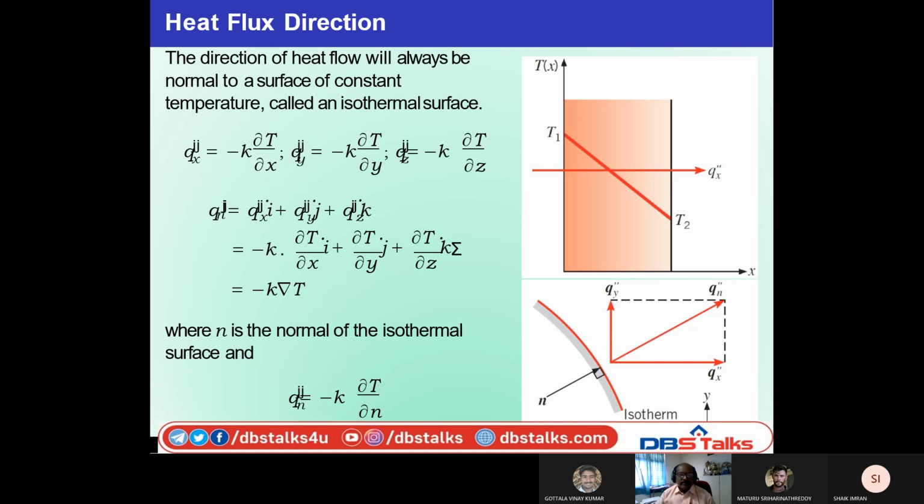The same thing you can represent as Qn. Qn means the heat transfer in the normal direction. That we can represent as minus k into dou T by dou n.